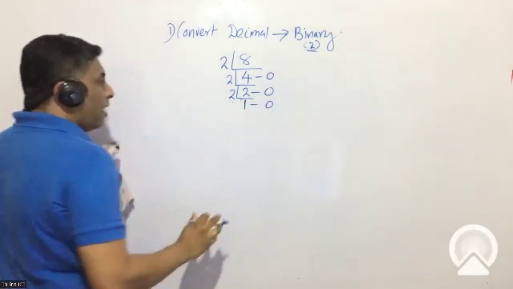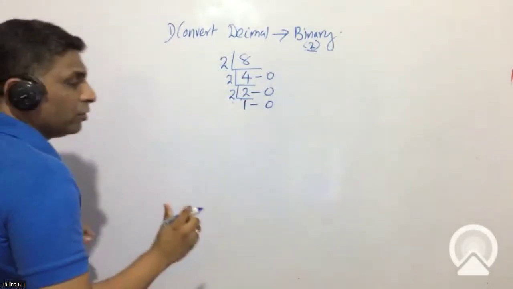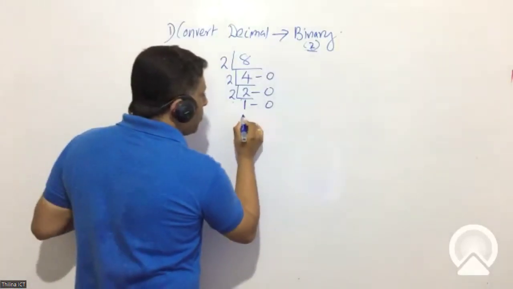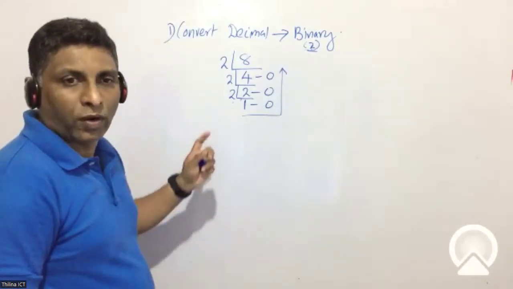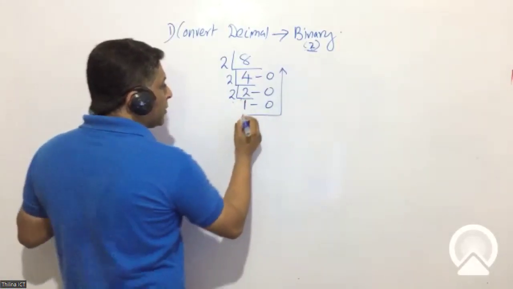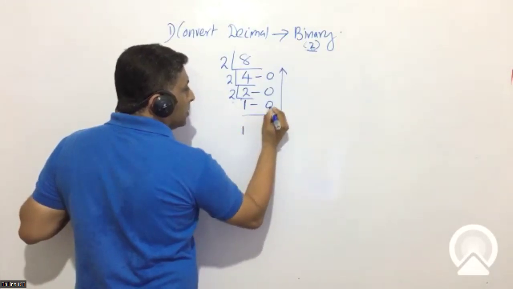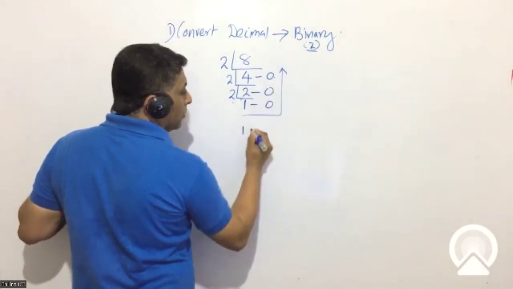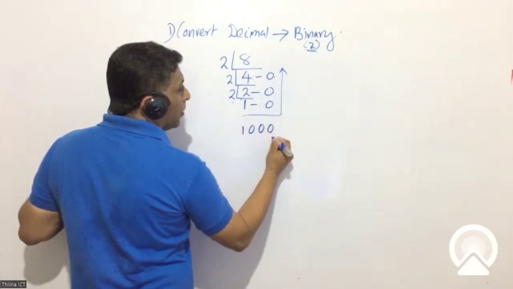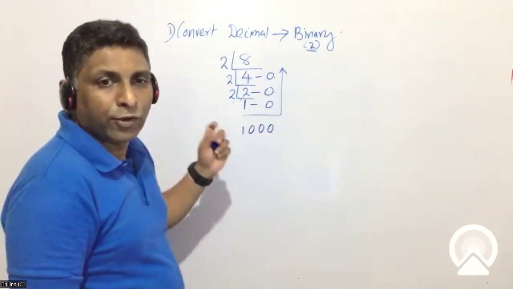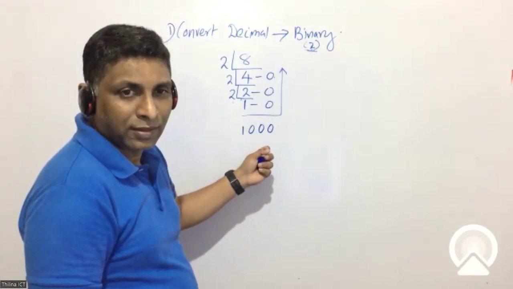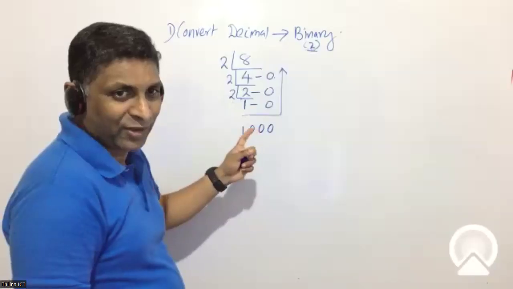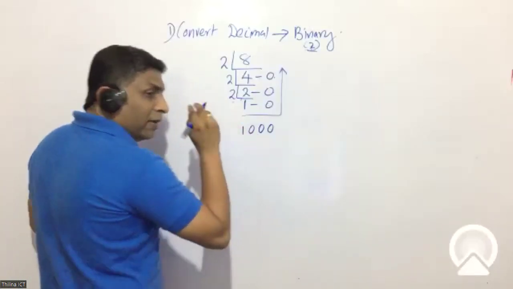Now, you need to write from the bottom to the top, only the remainders. What's the first remainder? 1, 0, 0, 0. And remember, if you don't put the base, what will happen? This will represent 1000, the decimal number.